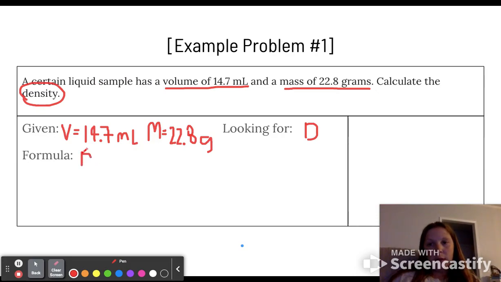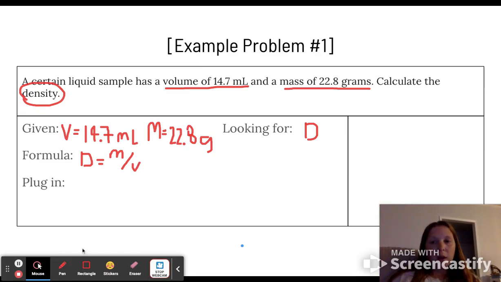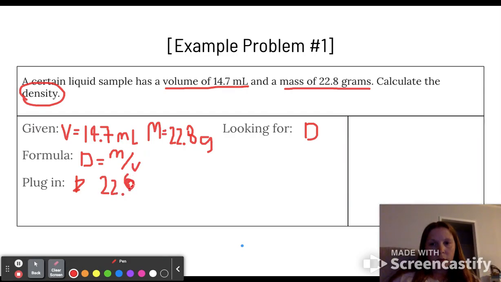So we know our formula is D is equal to M over V. We're going to plug in our values: 22.8, which is our mass, divided by 14.7.